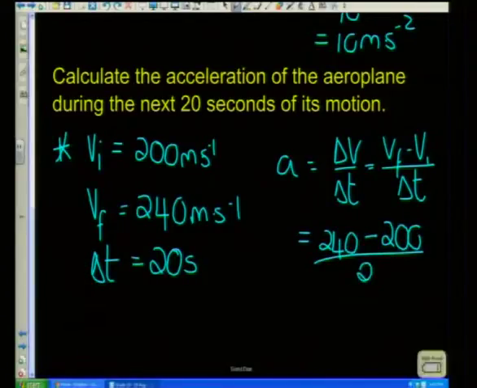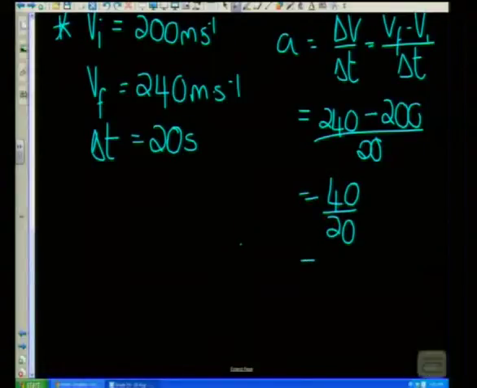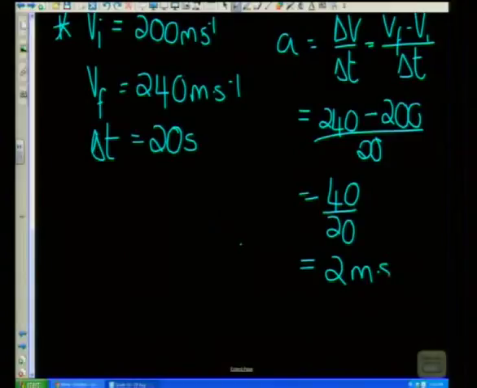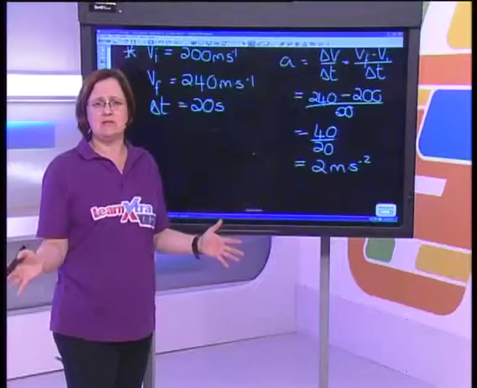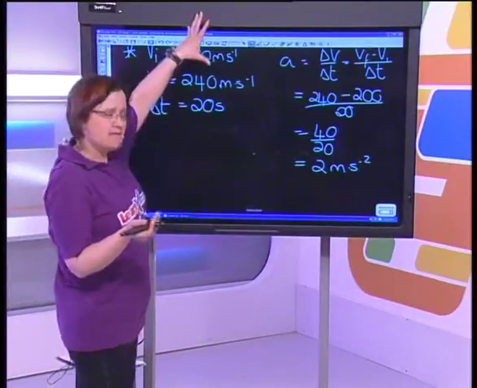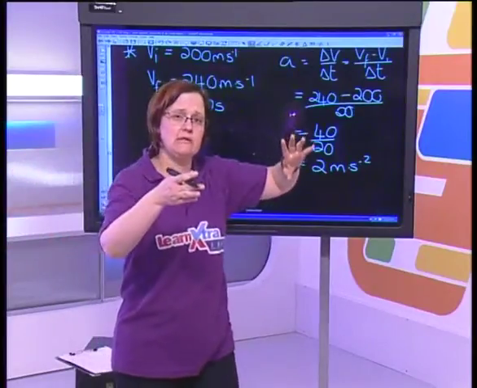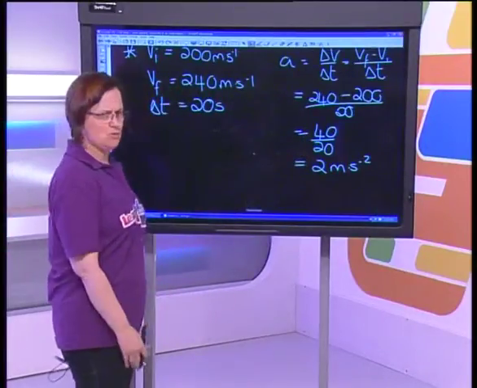And it takes 20 seconds. 240 minus 200 is 40. So that's 40 over 20. It's only 2 meters per second squared. Huge difference in acceleration. But there's nothing wrong with that. Okay? Big acceleration for the first 10 seconds, almost ready where it needs to go. Smaller acceleration. The same sort of thing happens when we drive in a car.